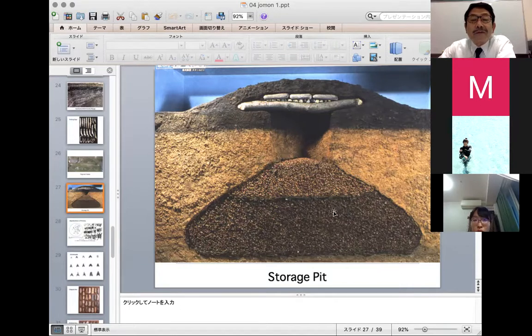And you notice the change of color, darker and lighter. This line is actually the water level. This is a site from the Kyushu area, I think, Kagoshima prefecture. And this pit was made in lowland, close to swampy land. And the subsurface water would come up to this level.